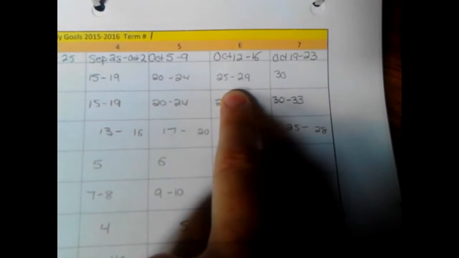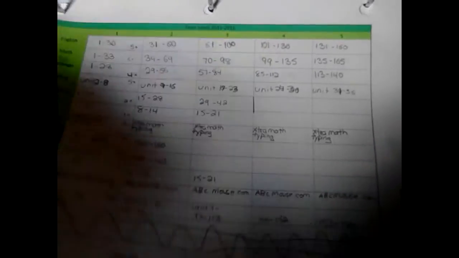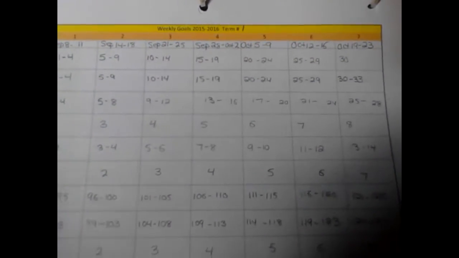That way, if I look and I see, oh, well, we're only up to lesson 26 in English, I know where we need to add a few more lessons in for term 2. So I can kind of gauge where we're at. Even though I have this complete overview that's going to let me know where we need to be, this will kind of break it down even further so I know where we're behind.